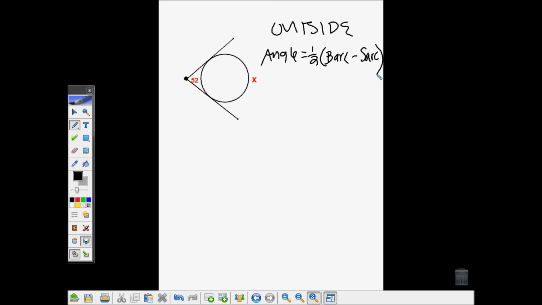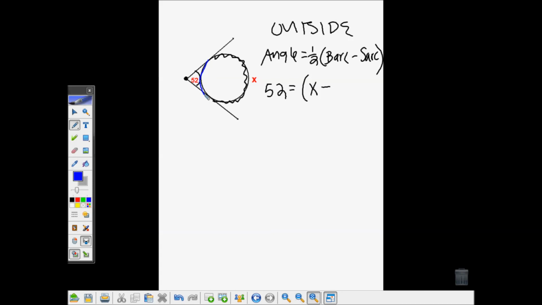Then I'm just going to plug in. So they actually give me my angle this time, which is 52, equals, and then my big arc would be this out here, which they tell me is x. So my big arc is x minus my small arc.